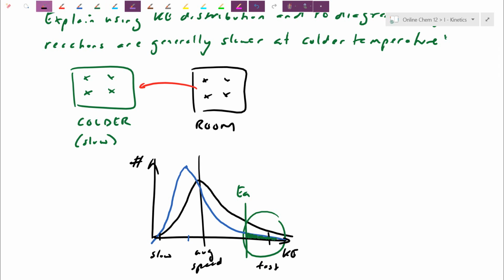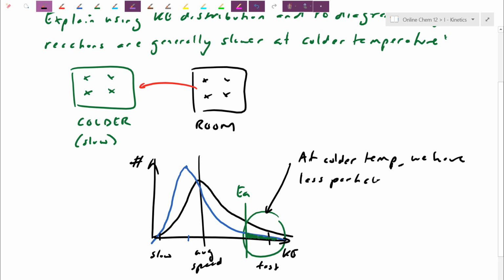So in this case, it's important for you to know the reaction could still occur at cold temperature, but at a colder temperature, we have less particles with sufficient energy. Again, it always comes back to those two features.